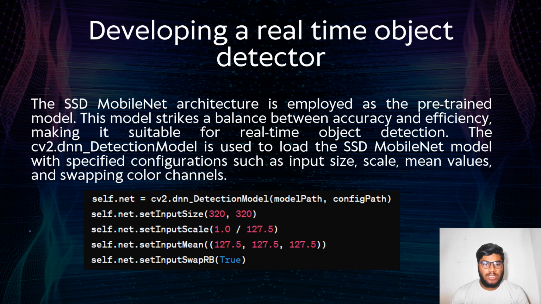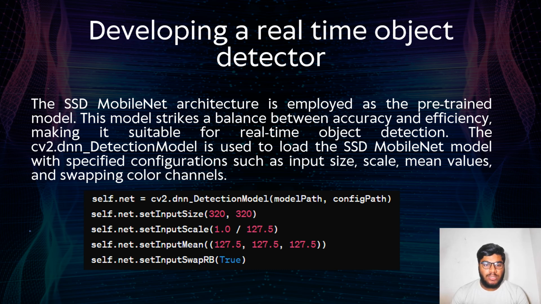Now, the SSD MobileNet architecture is employed as the pre-trained model. This model strikes a balance between accuracy and efficiency, making it suitable for real-time object detection. The cv2.dnn detection model is used to load the SSD MobileNet model with specified configuration such as input size, scale, mean values, and swapping color channels.